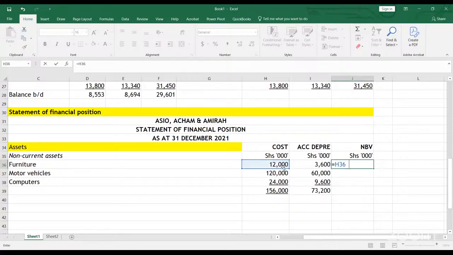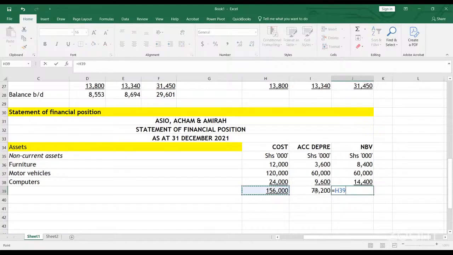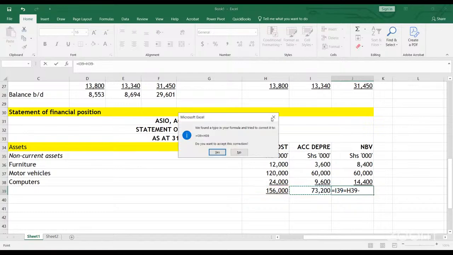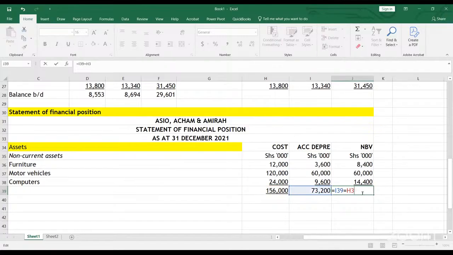Net book value is the cost less the accumulated depreciation. So meaning that our net book value will be the cost less the accumulated depreciation, which gives you 82,800.